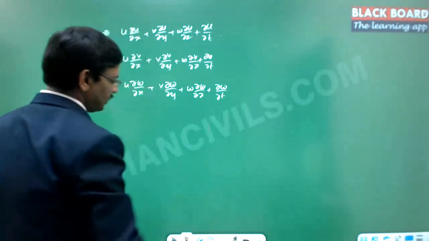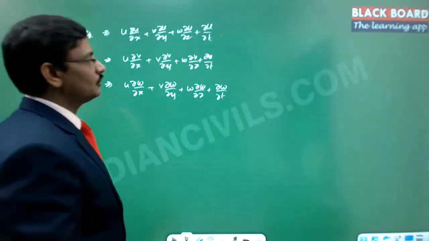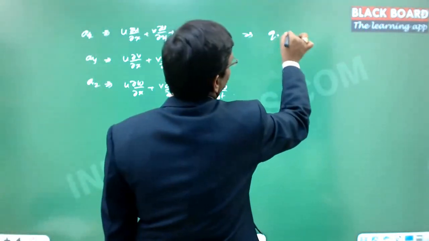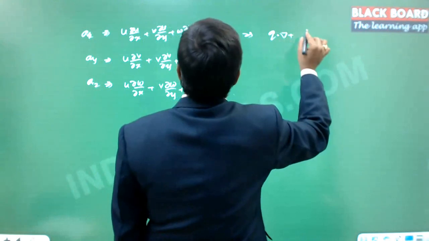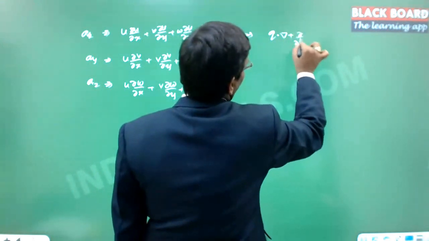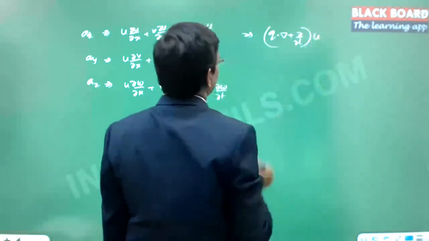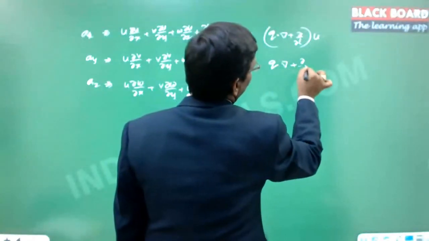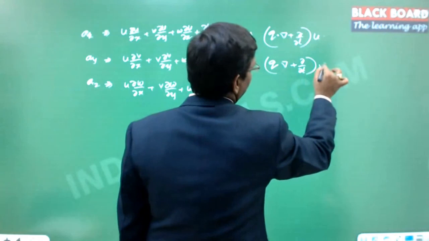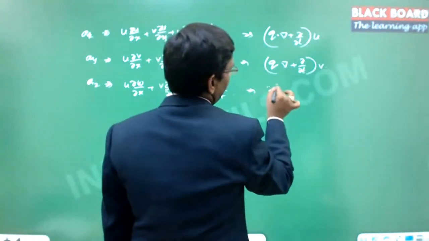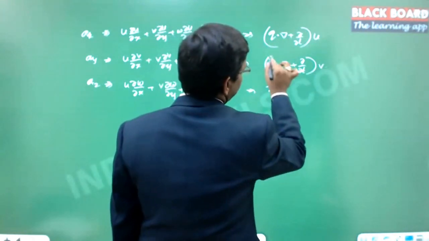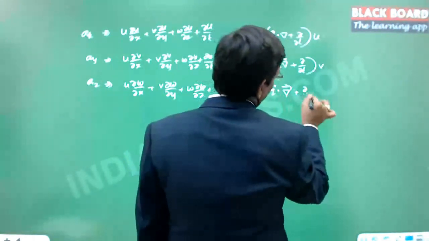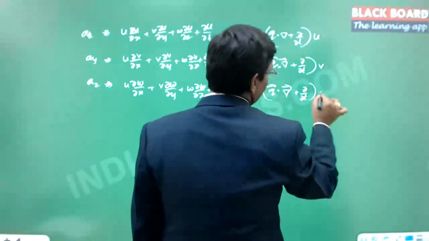So this is the acceleration. In short, you can even write this as q dot del plus dou by dou t operated on u, q dot del plus dou by dou t operated on v, and q dot del plus dou by dou t operated on w.